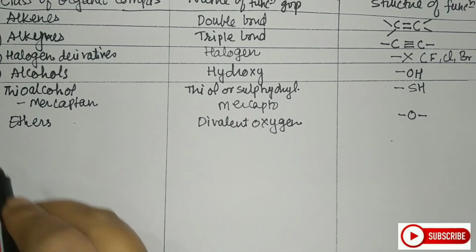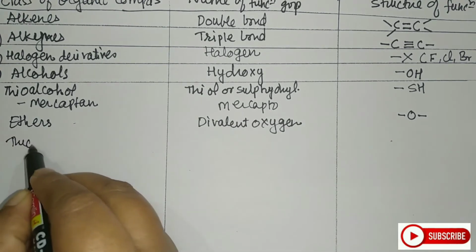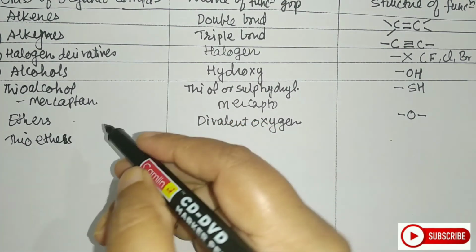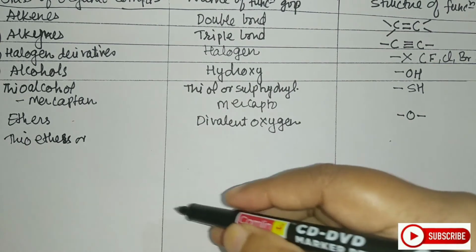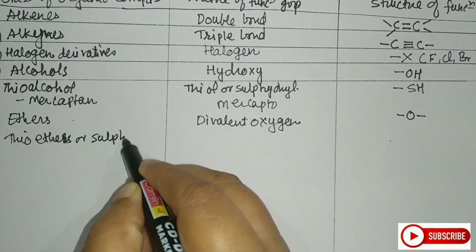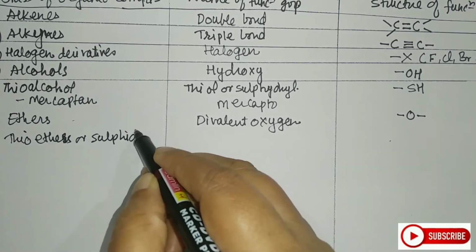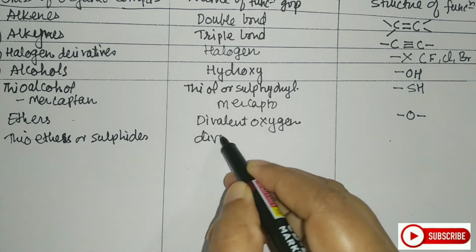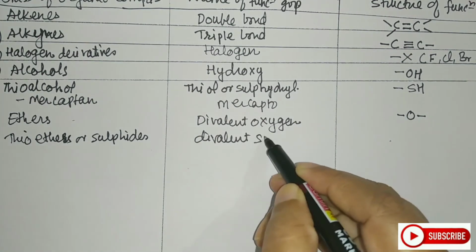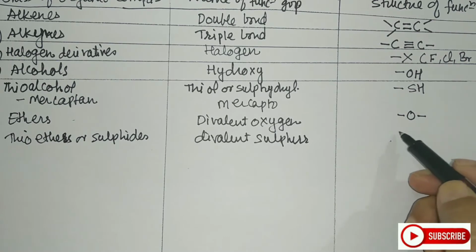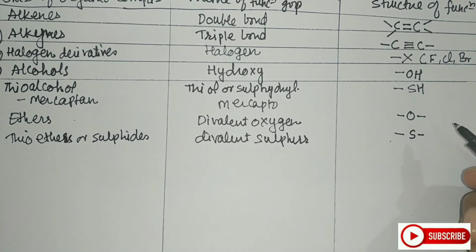Next is thioethers, or they are called sulfides. It is a divalent sulfur. And you represent this only by S.